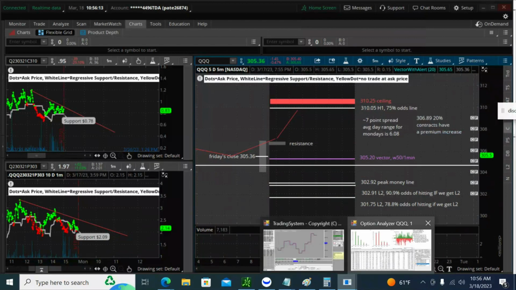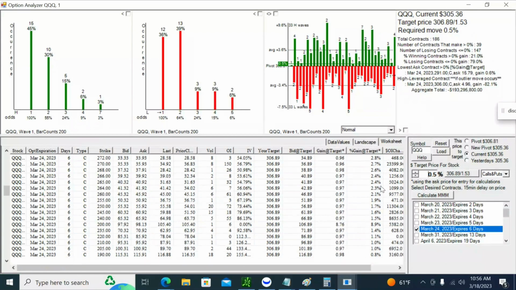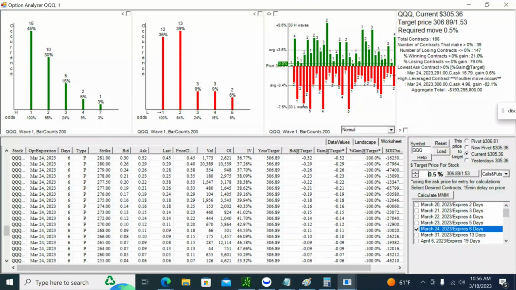And this is looking at both puts and calls. So it's looking at all these washouts down here. See how these gains are minus? Because they want these asks to start to move to zero. Whatever we're paying for it, they want this to go to zero on us. So this is looking at both sides of the equation, and it's figuring out the percentage of contracts.